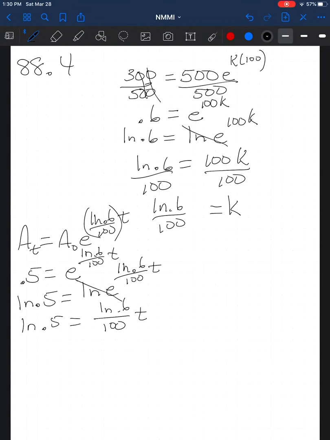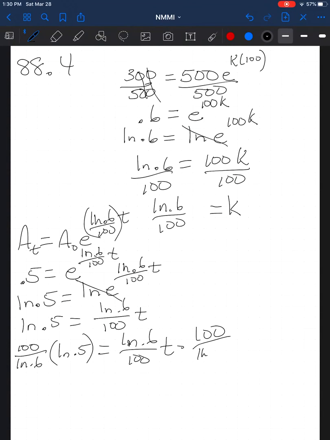So you can see that to get rid of the ln 0.6 over 100, we're going to multiply by the reciprocal on both sides. So it'll be 100 over ln of 0.6 times ln of 0.5 is equal to ln 0.6 over 100t times 100 over ln 0.6. You see that that cancels, and we'll get t equals, okay, let's do that.